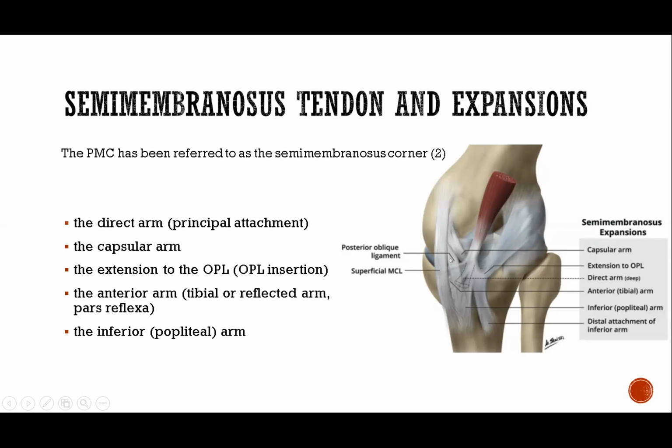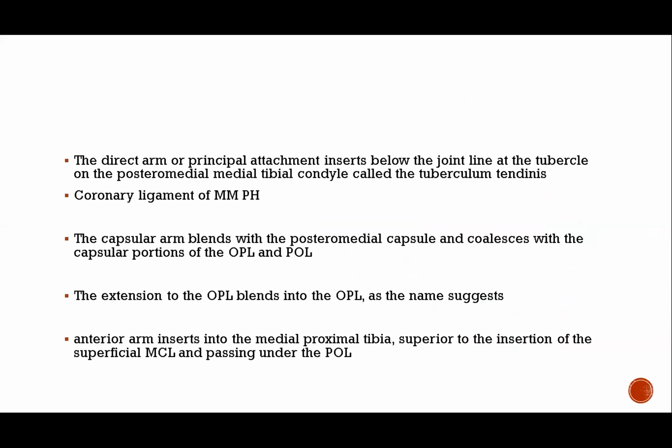Just posterior to this is the posterior oblique ligament. So the direct arm or the principal attachment of the semimembranosus tendon passes deep to the POL and gets attached onto the posterior surface of the tibia. And the capsular arm gives attachment to the capsule, and also joins with the capsular portion of the posterior oblique ligament.